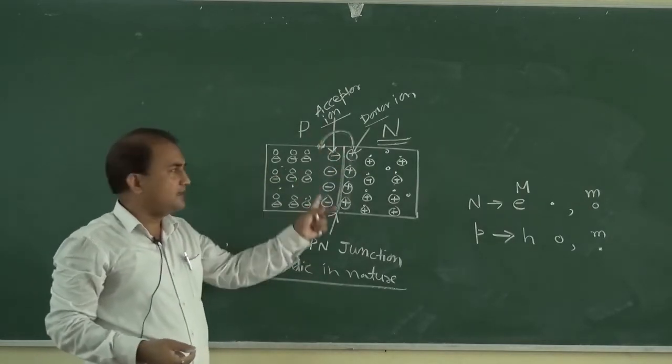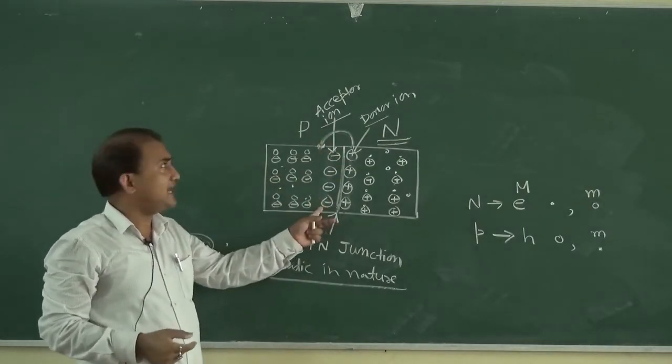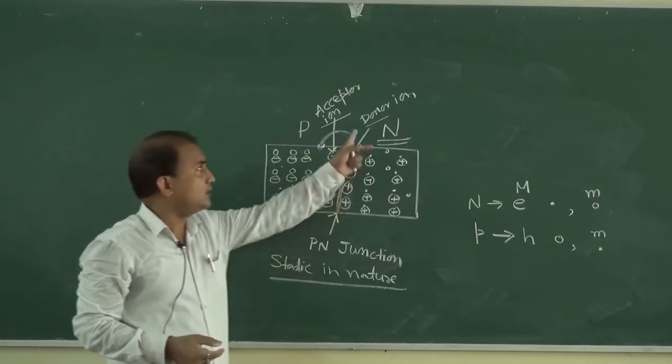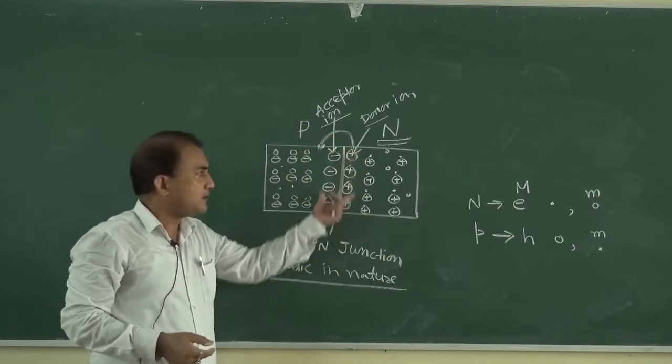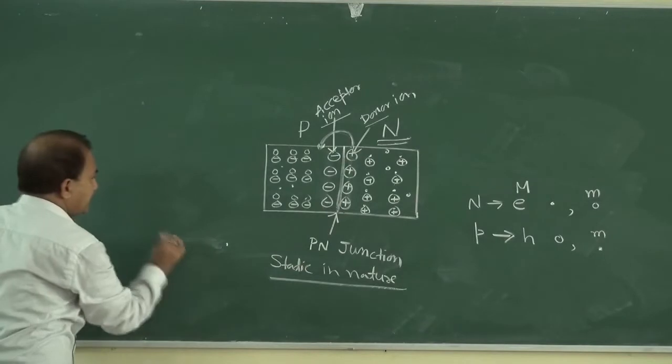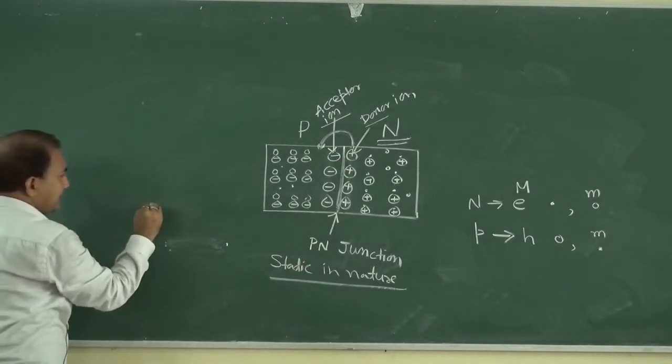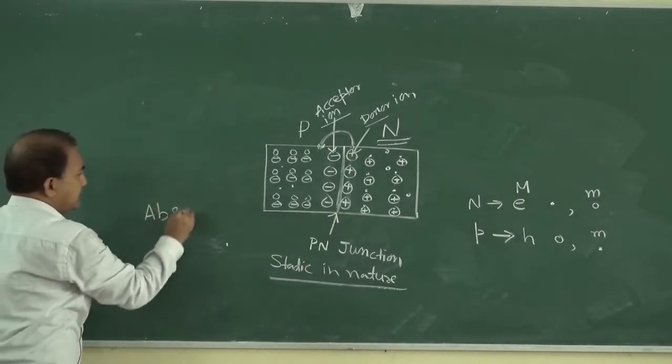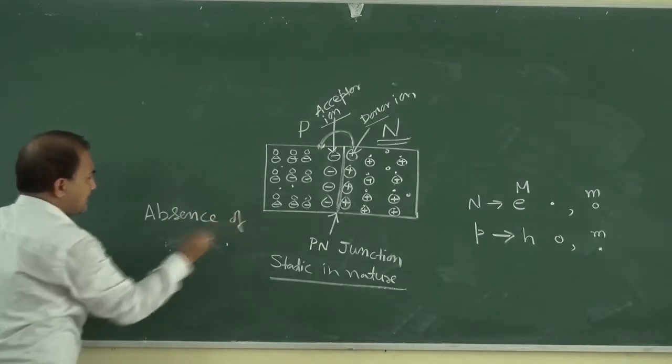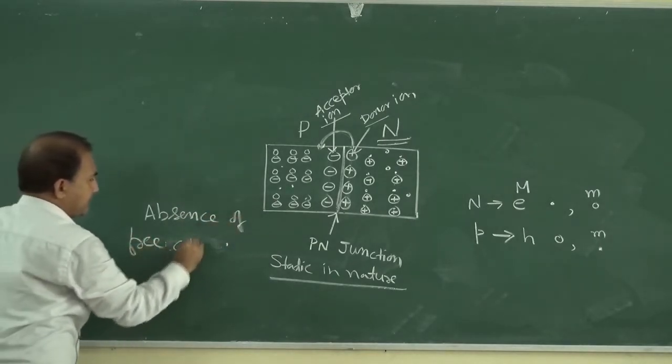In this figure we can see that only acceptor ions and donor ions are present because of the absence of free carriers.